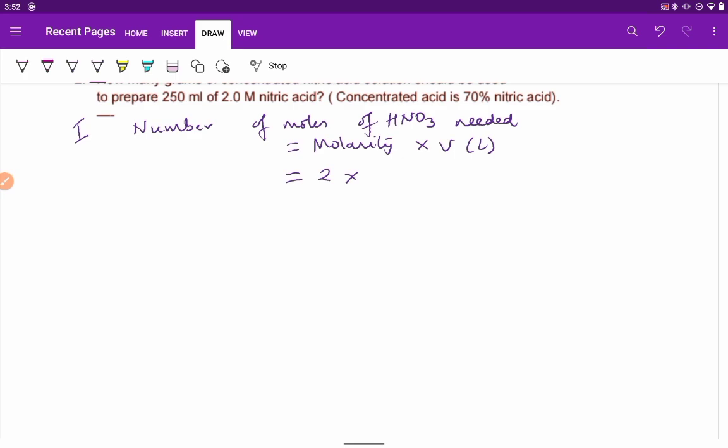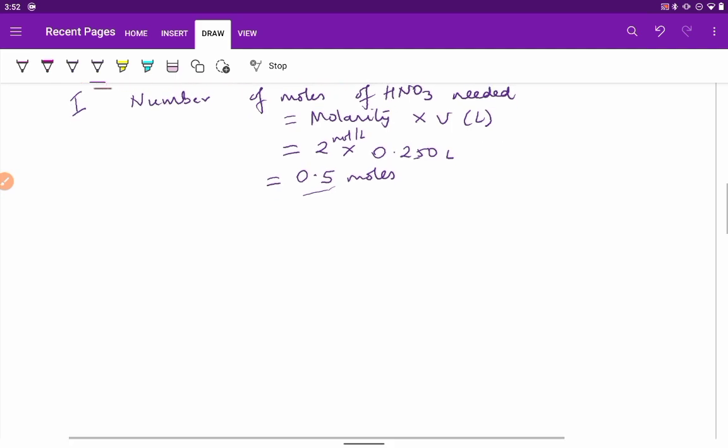So if we convert it into liters, it will become 0.250 liters. And molarity was in moles per liter. 2 moles per liter. On multiplying, we will get 0.5 moles. So this one we got, first step over, number of moles.